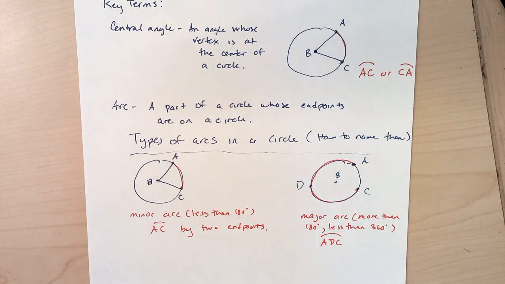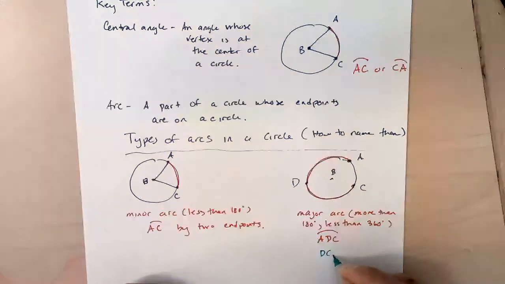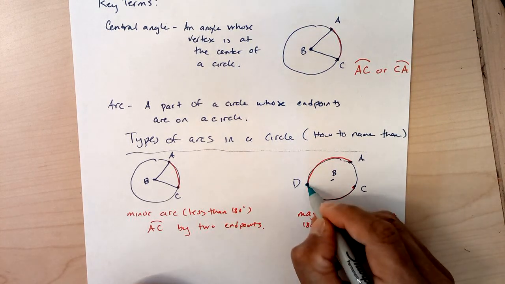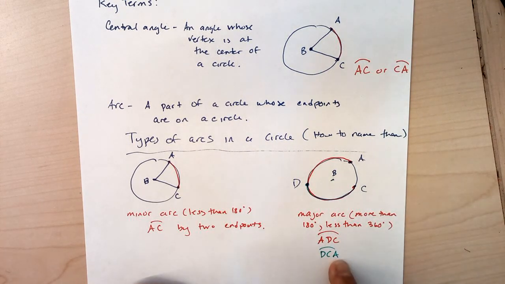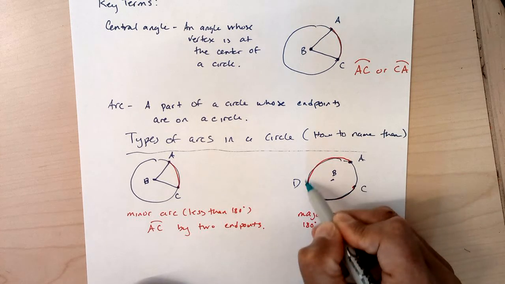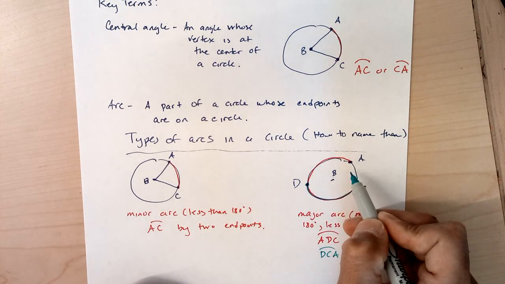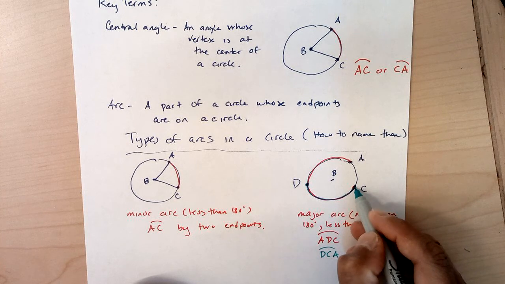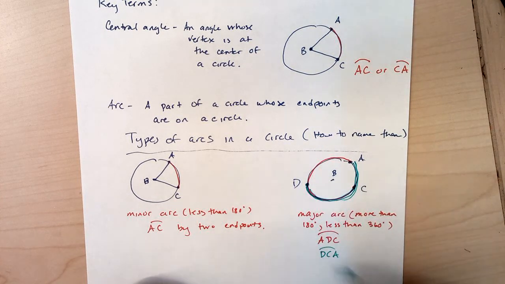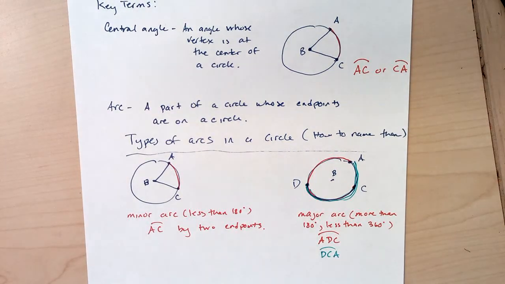If I named arc DCA like this, then that would be this arc, starting at point D, then going to point C before you get to point A. So this really tells you the direction as well, because for arc DCA, I can't get to point C before A if I rotate it in a clockwise direction. So from D to C before you get to A, and then A. If you could see what I kind of outlined there in green, that's also a major arc, but it's a different major arc than arc ADC.